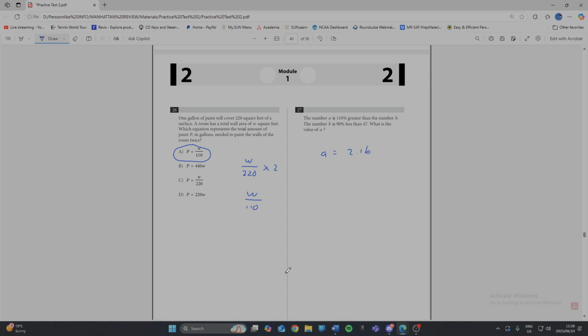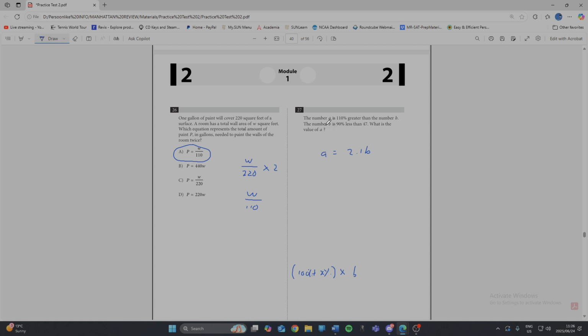The way we look at this is we always say if something is so many percent greater, it would be 100 plus however much percent it's greater by, times the original value. So if it was 50% greater, this would be 1.5. If it was 100% greater, this would be 2 times B, because remember this is all in percent. So in this case we use 2.1 times B.